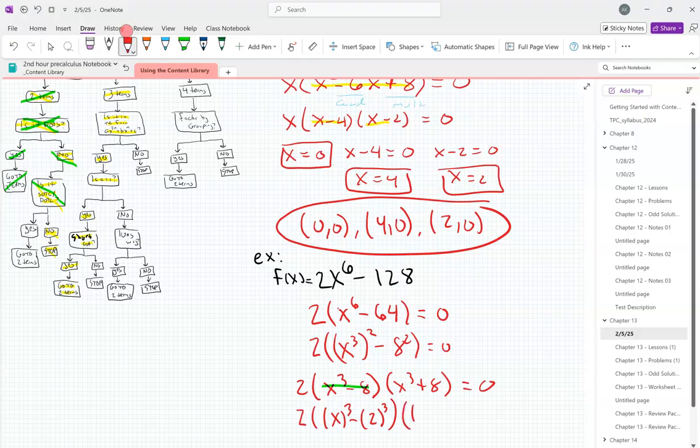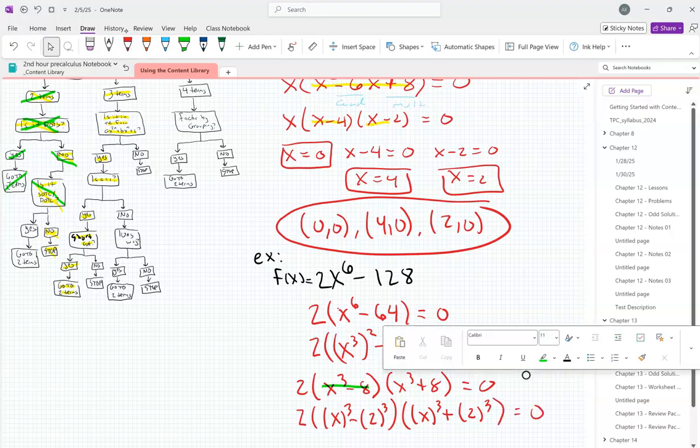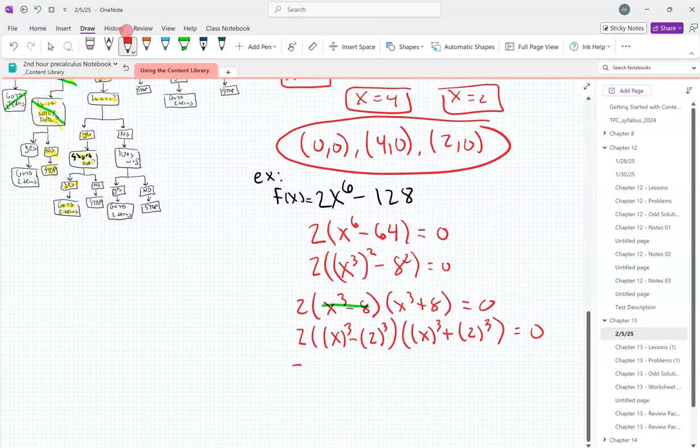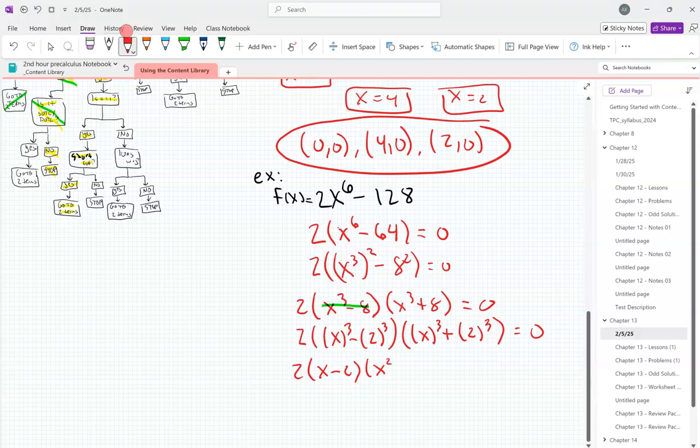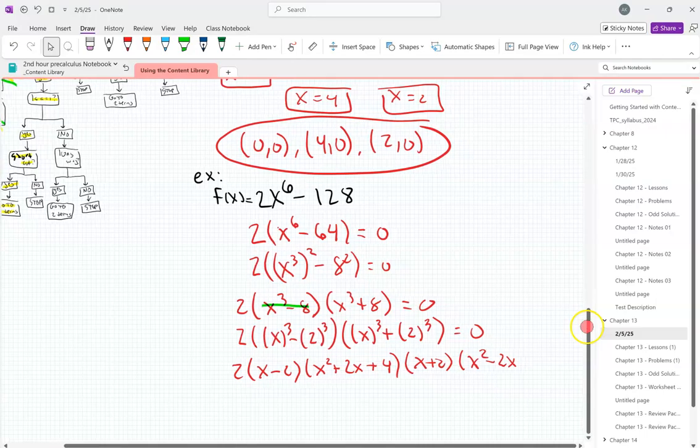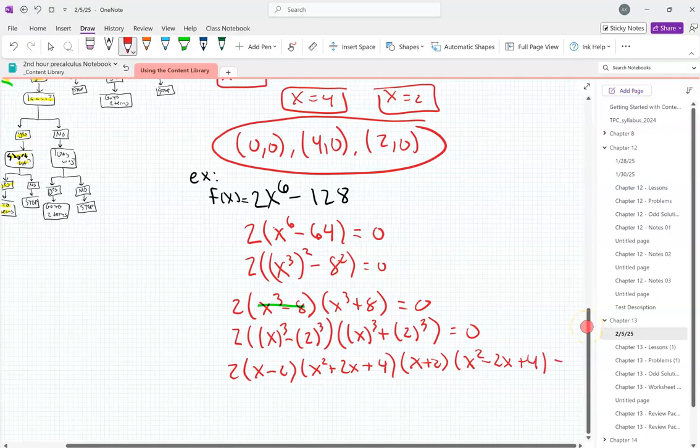And then obviously the other one is going to be a sum, right? You guys see that? So if I apply my difference of 2 cubes factoring pattern, I got that.